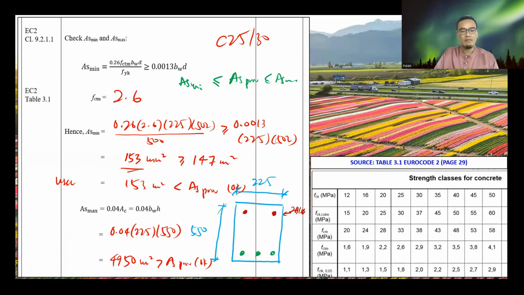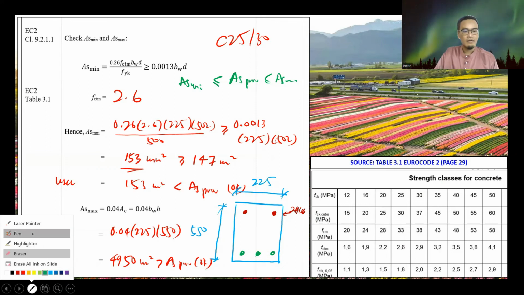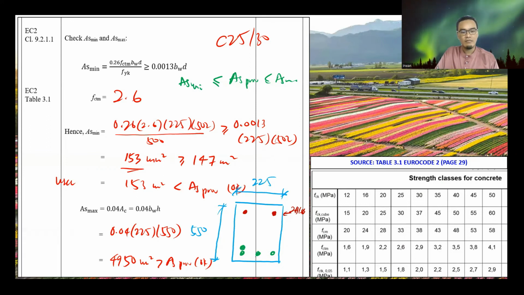Three bars at the bottom and 2 at the top, slightly like this. So this one is 2H20 plus 3H20. And also complete your link. This is your link as a loop.